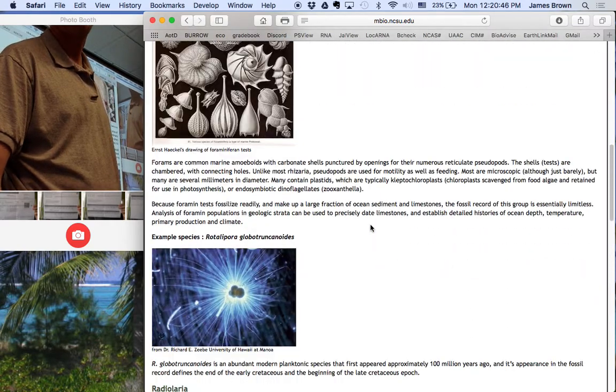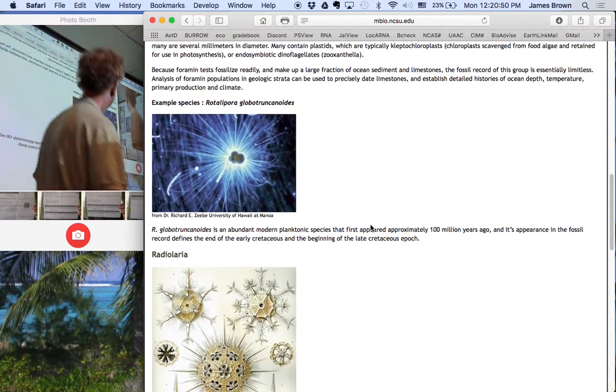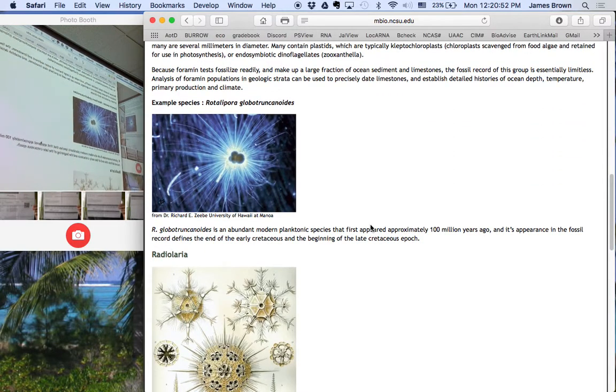Here's one alive. Those of you who have the textbook recognize this picture. This is the shell itself, and then these are the pseudopods extending out from it.